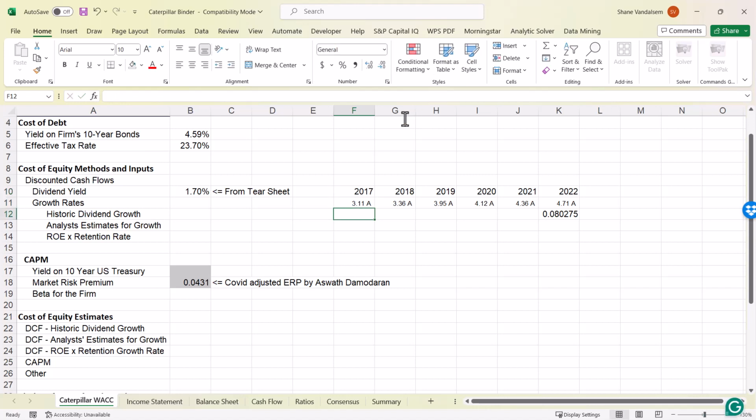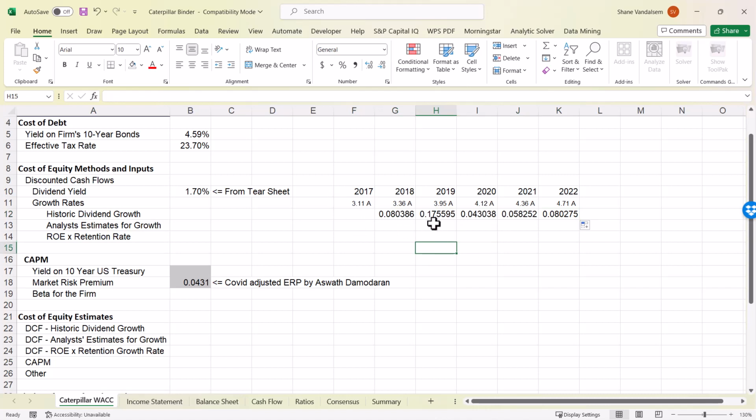So the dividend grew by 8.03% from 2021 to 2022. Now that I've calculated that for 1 year, I can drag it out here for the rest of the years. And note that I didn't do this for 2017 because it would just give me an error. It wouldn't make any sense because there's no 2016 to calculate it from.